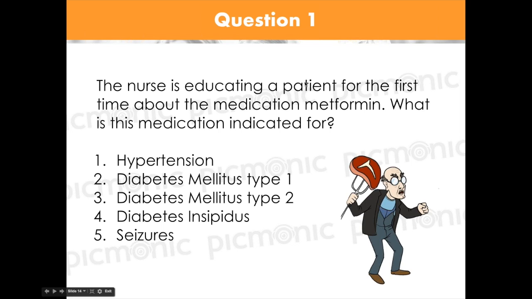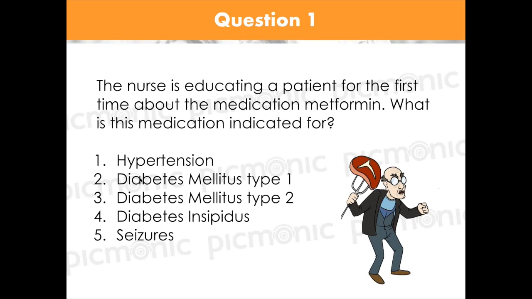But look what this question did for you right there. Even if you didn't know metformin, and I've got our meat farmer character in here because we have a Picmonic on metformin to show you exactly how it works. But if I said hypertension, yeah, okay, diabetes, seizures. Well, I can immediately go to two, three, four, even if I didn't have any idea. And I had to do a Hail Mary, which I never recommend.